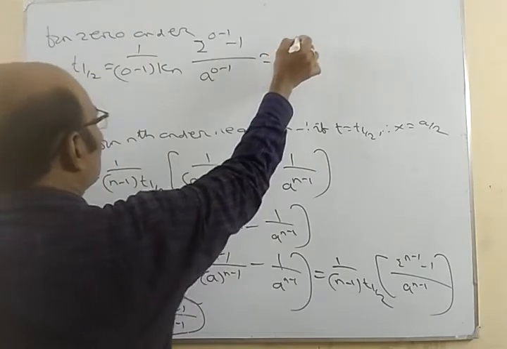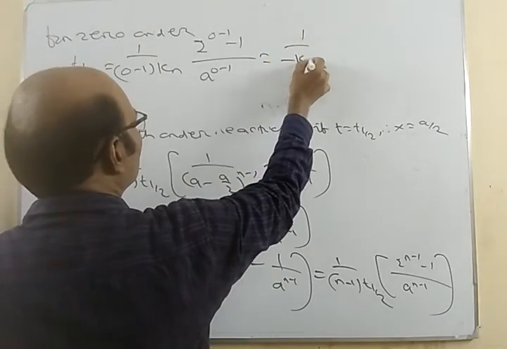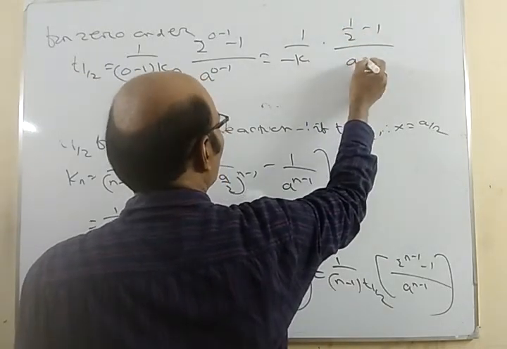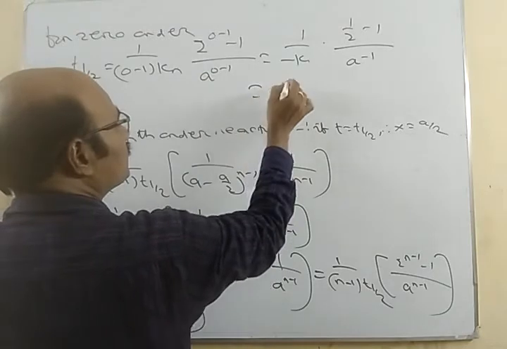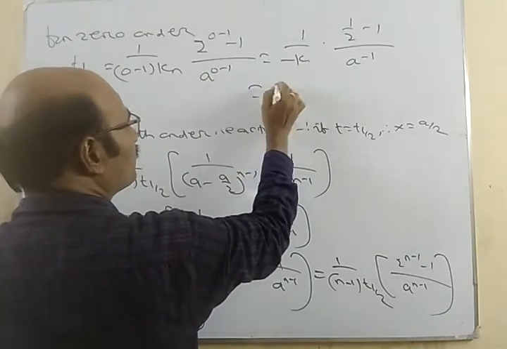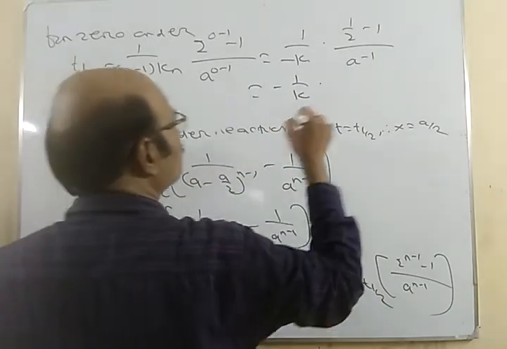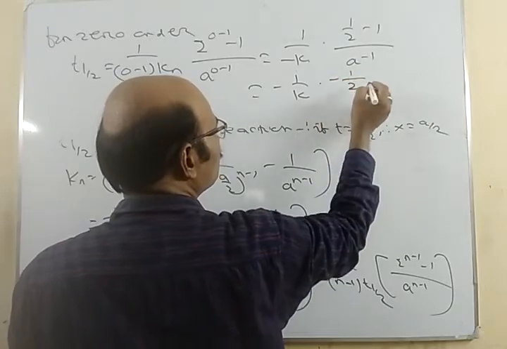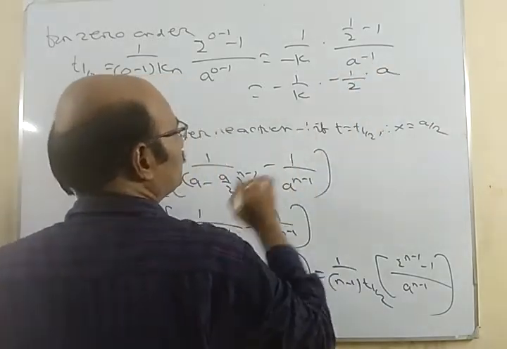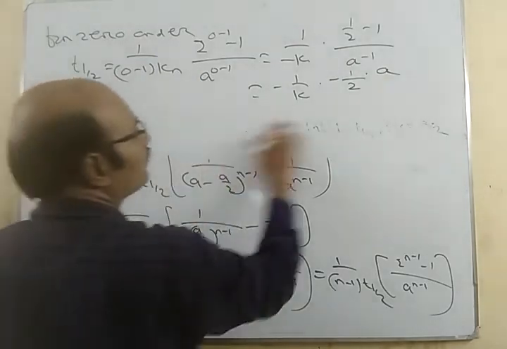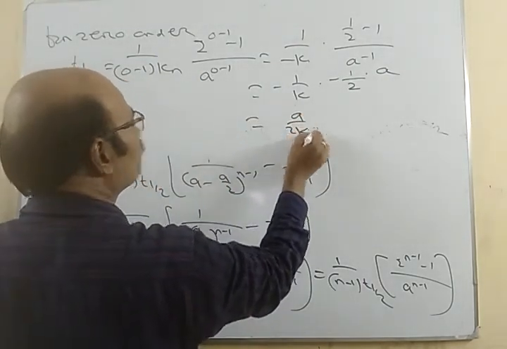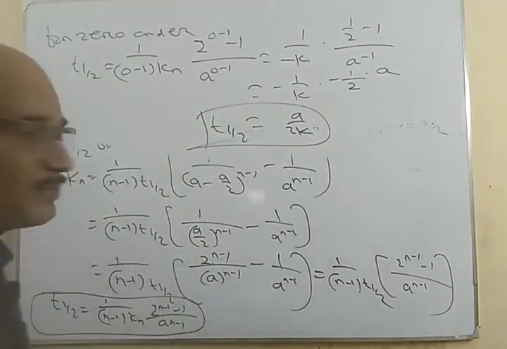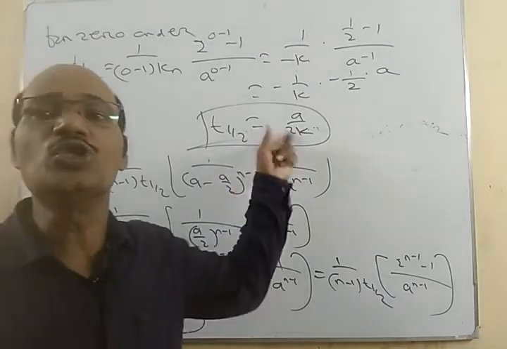Is equal to what? 1 by minus k into 1 by 2 minus 1 by a power minus 1, equal to 1 minus 1 by k into half minus 1, so minus 1 by 2 into a. So it will become a by 2k. So T half equals a by 2k. This is the expression for the half life period for the zero order reaction.